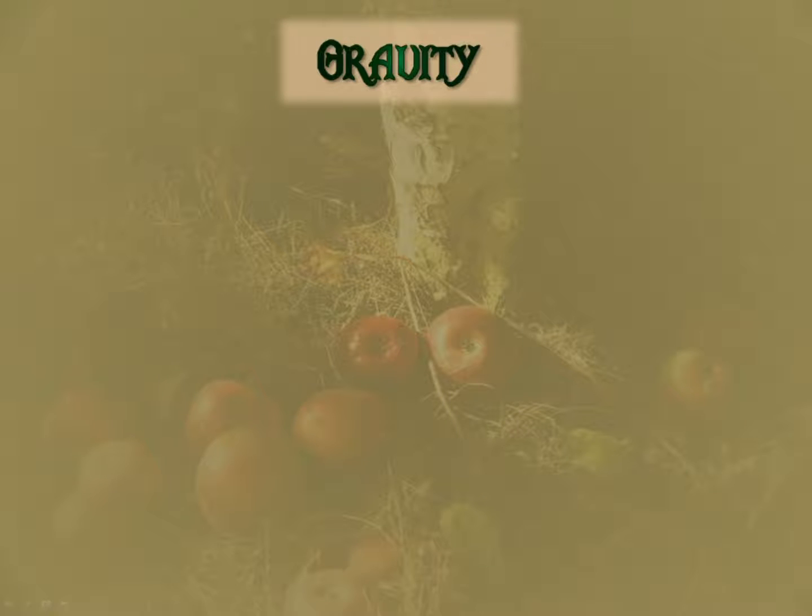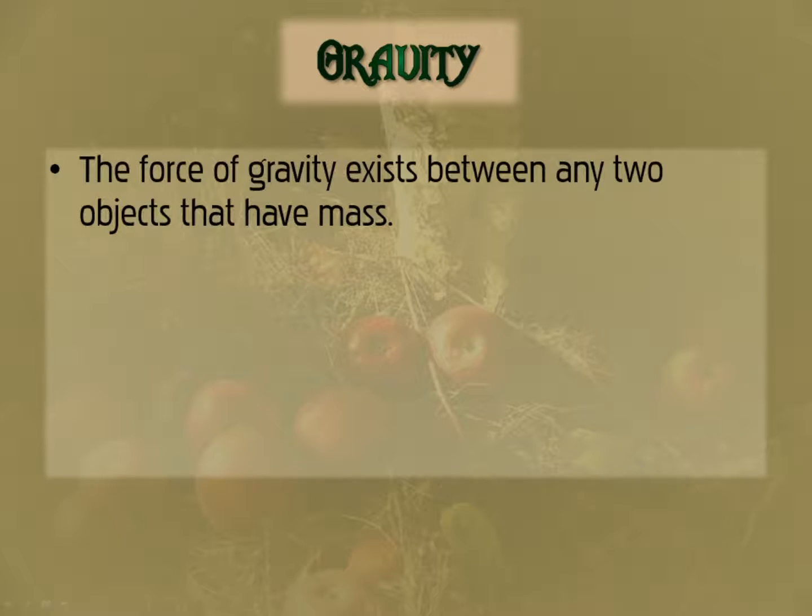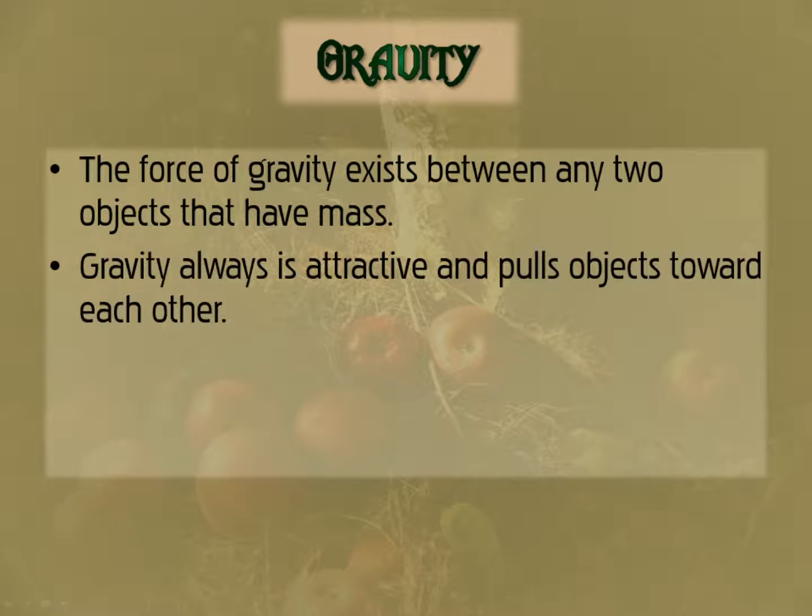So now we're going to take a look at gravity, and again it's going to be a review of the basic concepts rather than a detailed mathematical look, although we're going to look at it in more detail than the different types of friction. The force of gravity exists between any two objects that have mass, and it's always attractive, so it always pulls the two objects together.